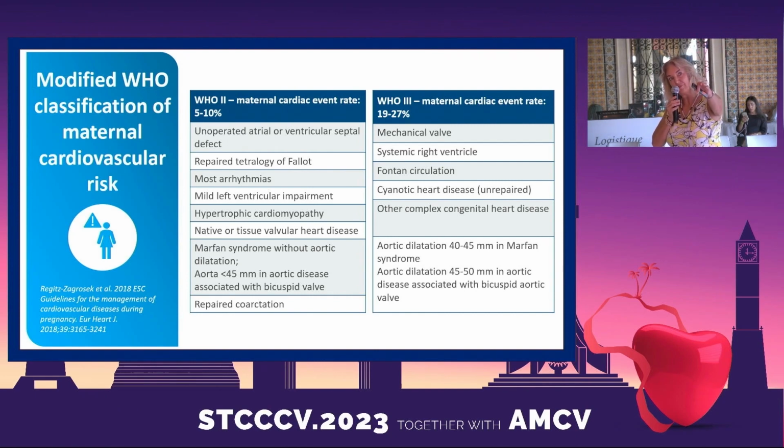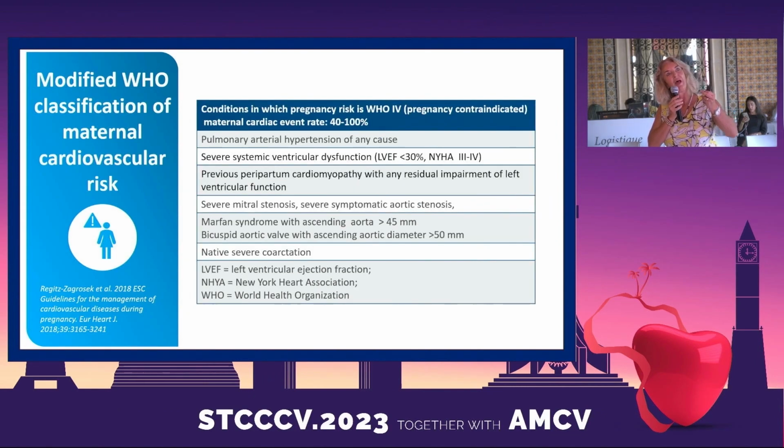Group 3, this is everyone with a mechanical valve, systemic right ventricle, cyanotic heart disease, other complex congenital heart disease, and others. And then you have the patients who are WHO group 4, where pregnancy is considered contraindicated.